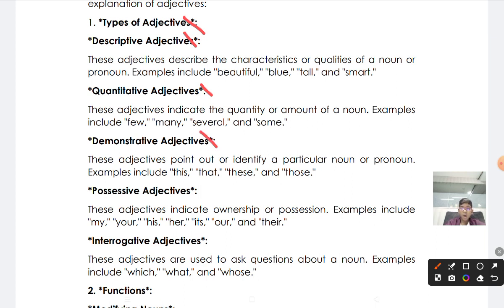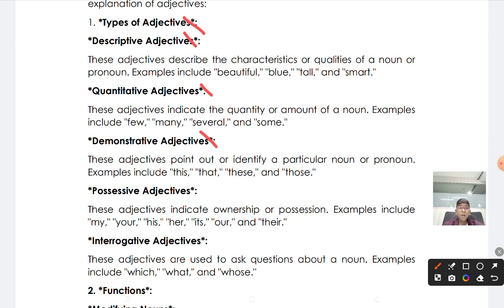Demonstrative adjectives. These adjectives point out or identify a particular noun or pronoun. Examples include this, that, these, those, and I think these are the only demonstrative adjective examples, none other. Possessive adjectives.